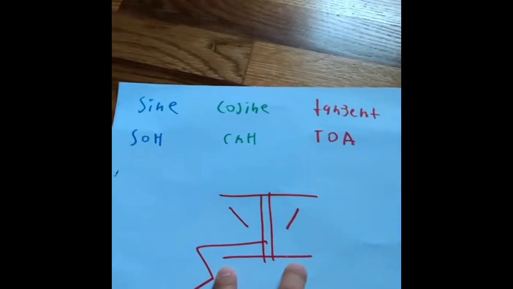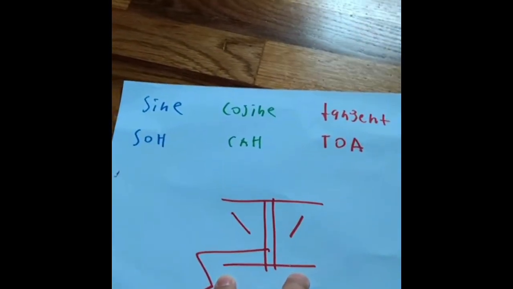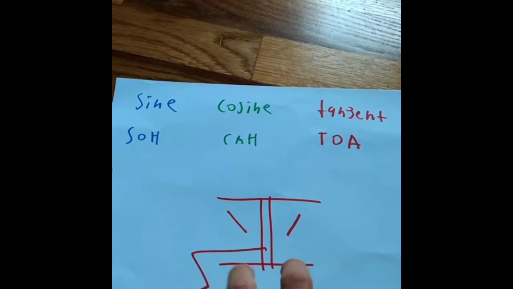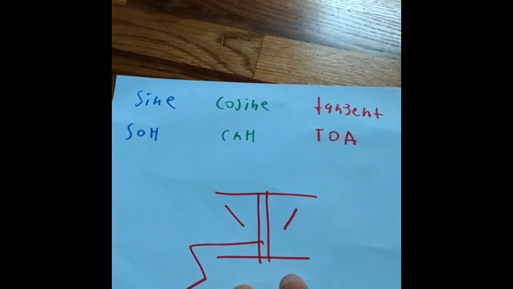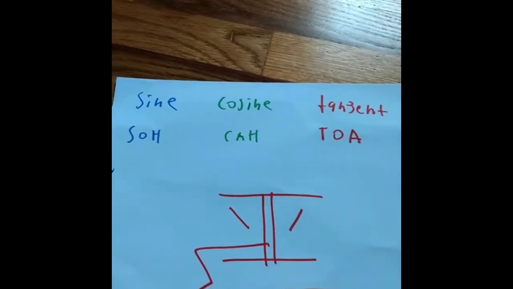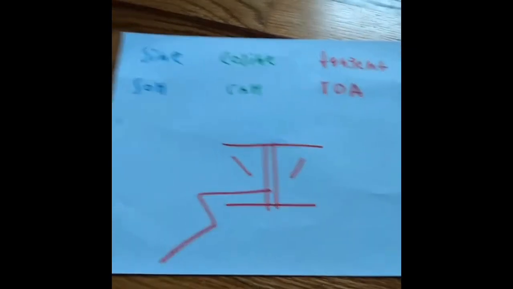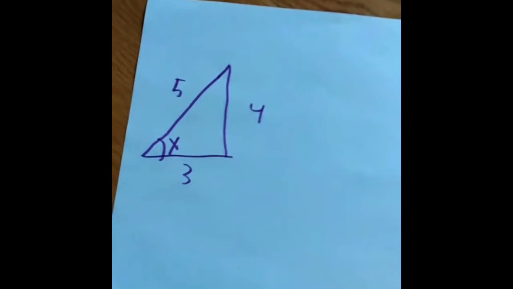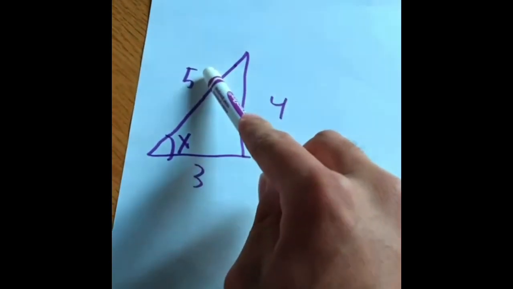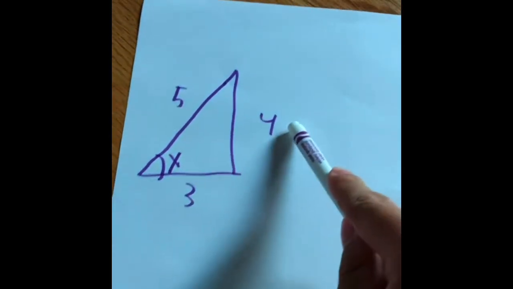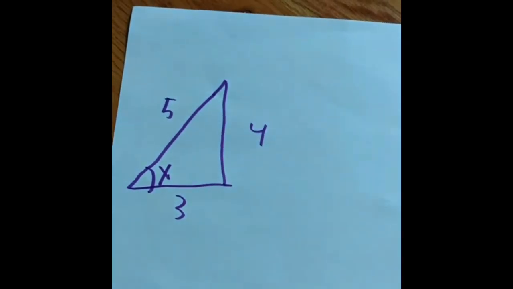With sine, cosine, and tangent, we're going to find out what their formulas are, and we're also going to try them out. So, let's start. Here is a right triangle. The hypotenuse is 5, one of the legs is 4, and the other leg is 3.